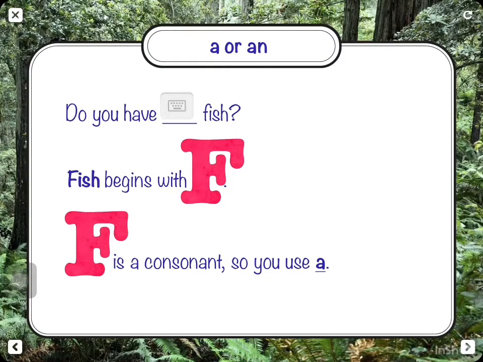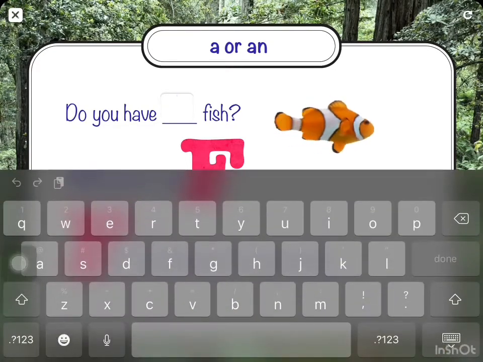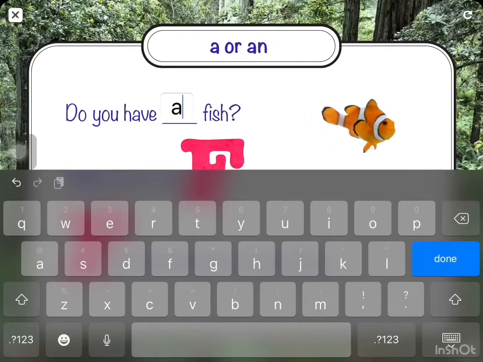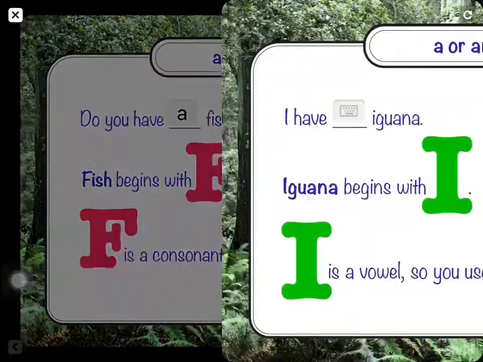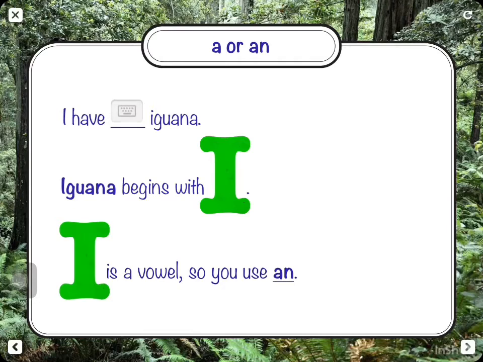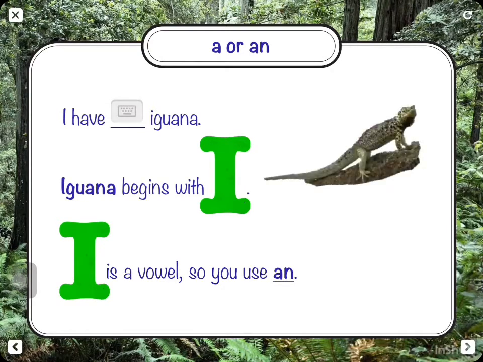Another example, a or an. Do you have fish? Fish begins with F. F is a consonant, so you use a. Let's try this one, a or an. I have iguana.